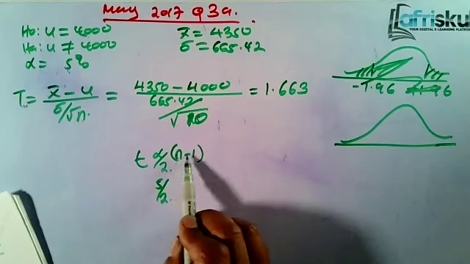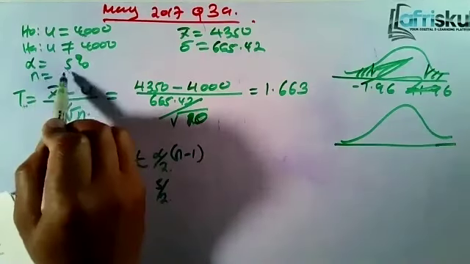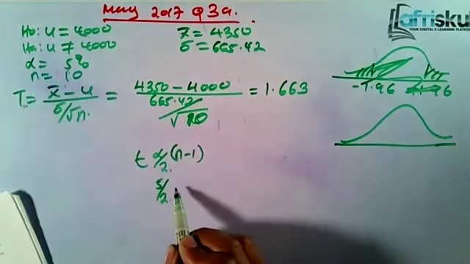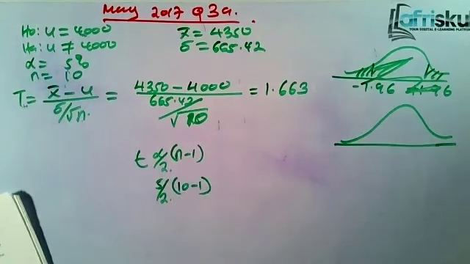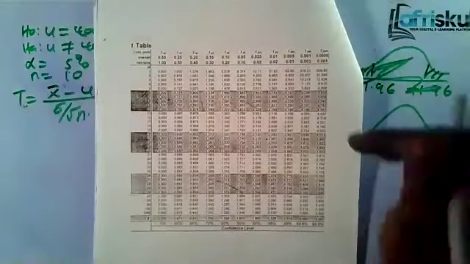Then n minus 1: our n was 10, so 10 minus 1, which is 9. To get that, you go to the t table.